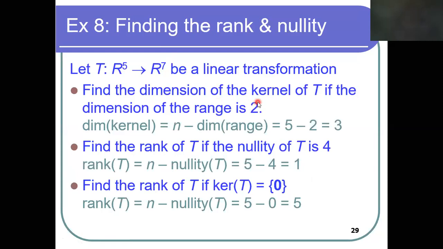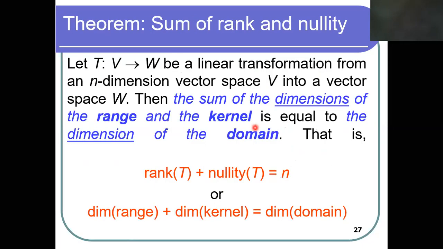To find the dimension of the kernel of the transformation, if the dimension of the range is 2: the dimension of the kernel is equivalent to n, where n is the number of inputs or number of columns of matrix A, minus the dimension of the range. If you go back to your slide, the dimension of the kernel is equivalent to the dimension of the domain minus the dimension of the range. The dimension of the domain is the number of linearly independent vectors.